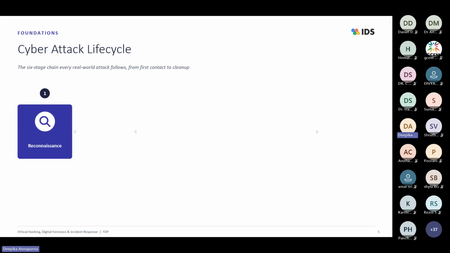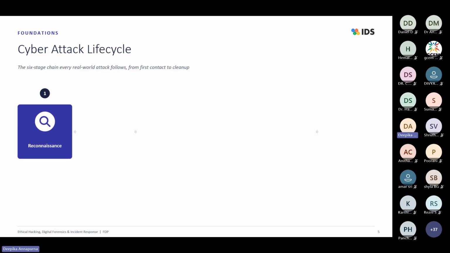First stage is reconnaissance. This is the information gathering phase. The attacker will collect publicly available information about the target organization. Let's say they are targeting some bank. They will gather publicly available information about the target, right?